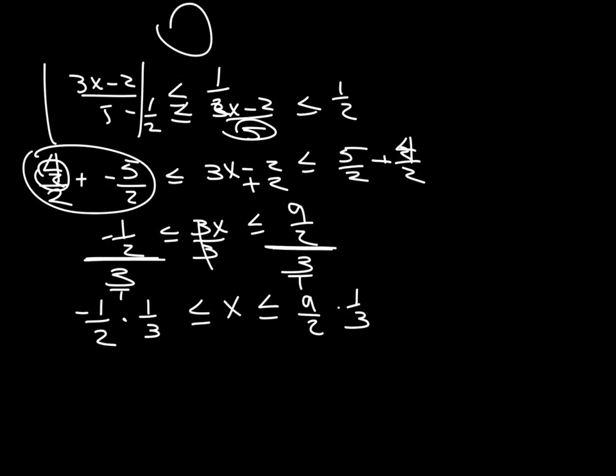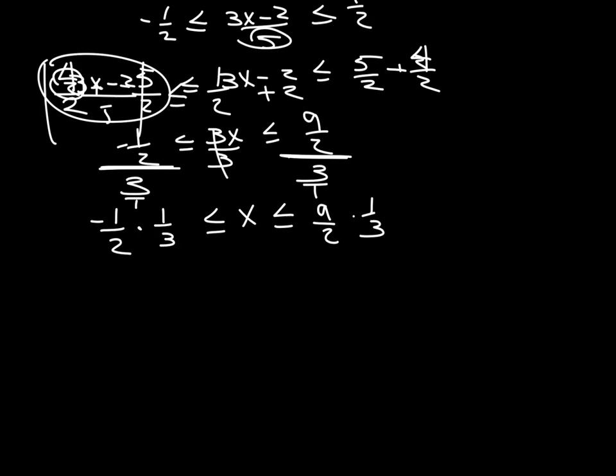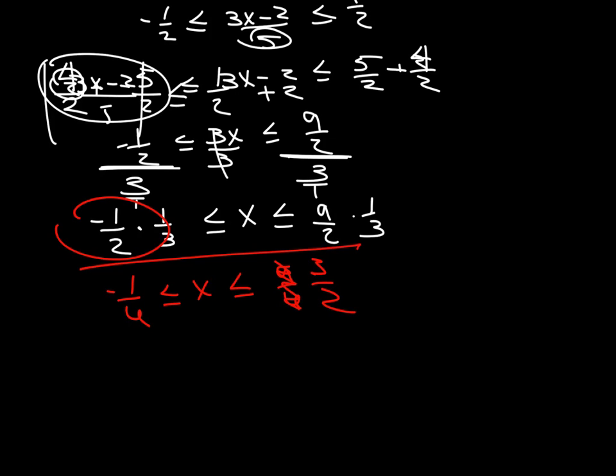Multiply these. -1/6 is less than or equal to x, which is less than or equal to 9/6, or 3/2. And that ends up being our inequality that we're solving for 41. So 42, 43, 44, all the same way, so you shouldn't have any trouble with those. And that is it for lesson 7.4.